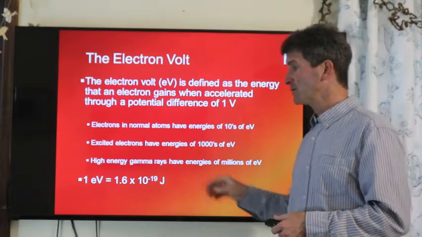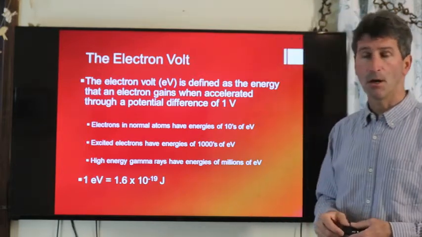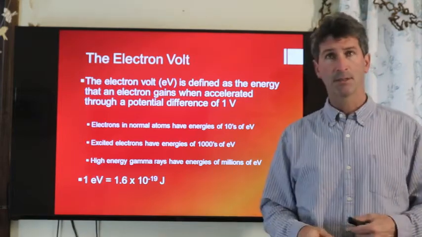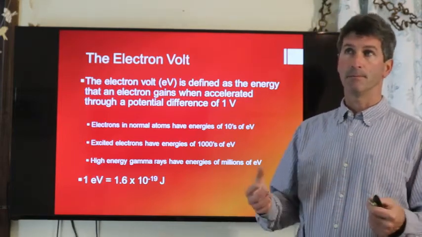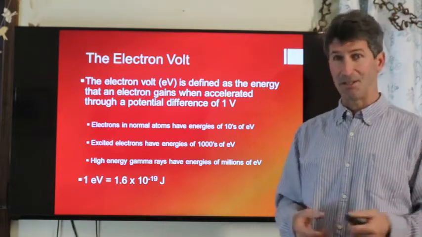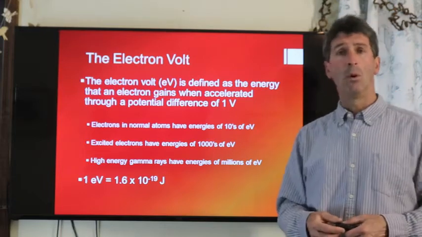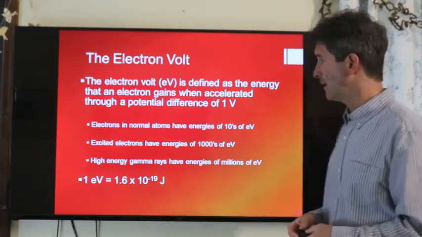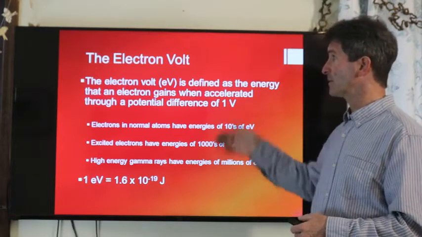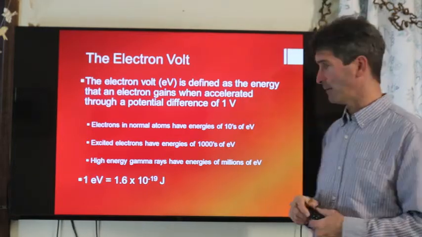This is a very useful unit because oftentimes, mainly if we're talking about optoelectronics, when we're dealing with LEDs and things like that, or in the case of radiation, we'll talk about particles in terms of how much energy they have in electron volts.